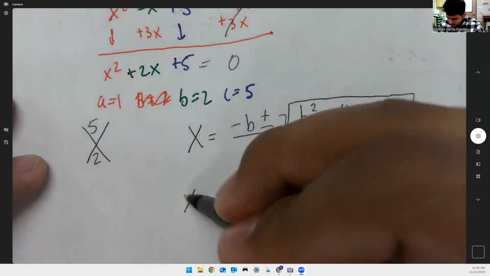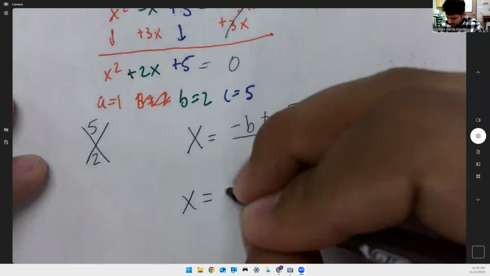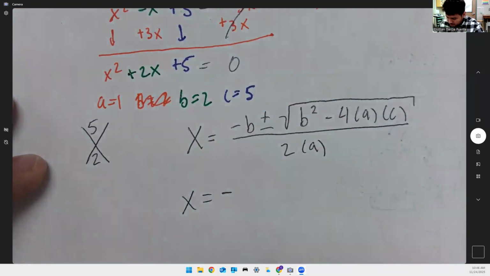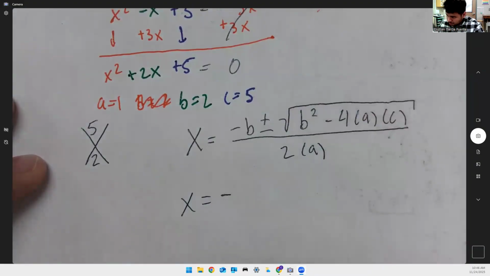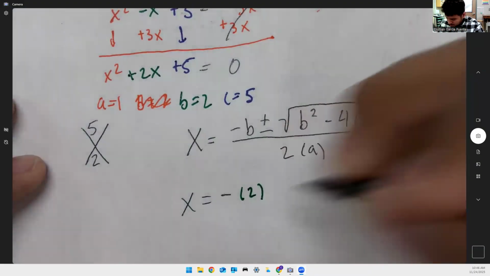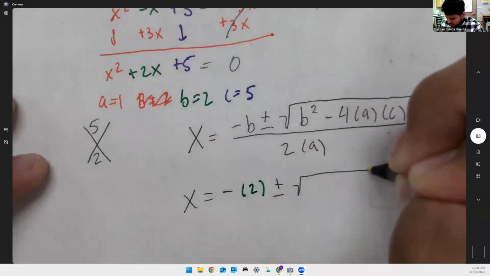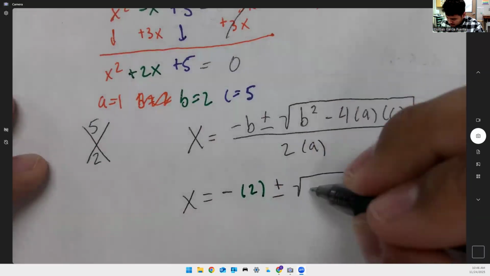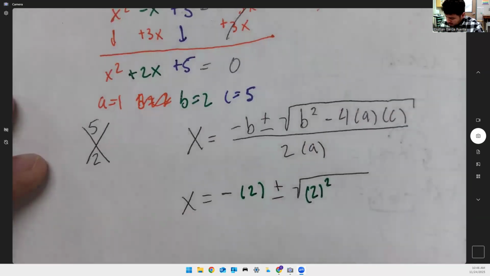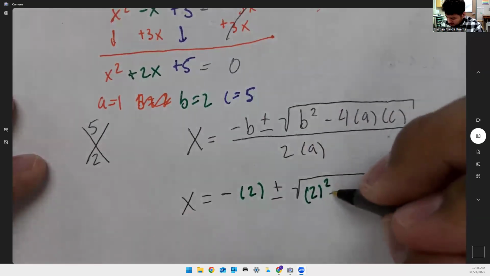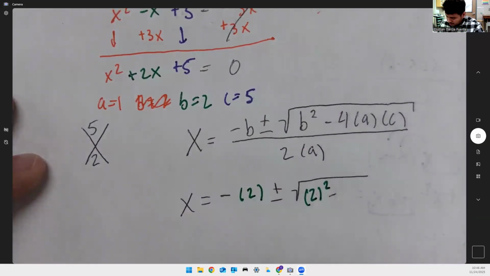So you have x equals negative B, which is 2, plus or minus the square root of B squared, which is again 2 squared, minus 4AC.